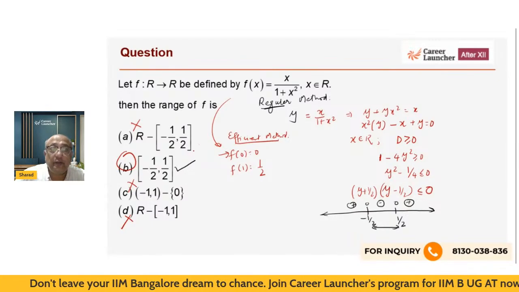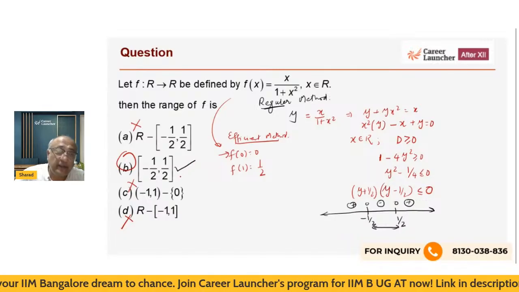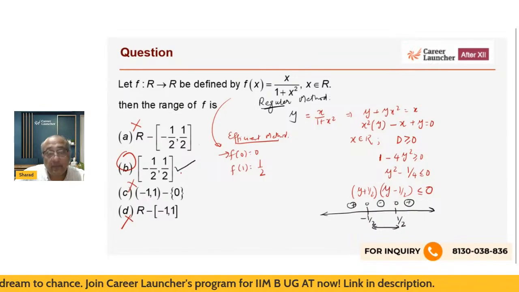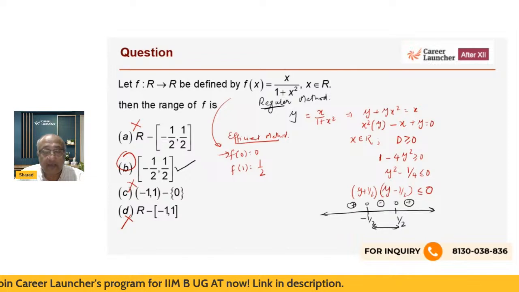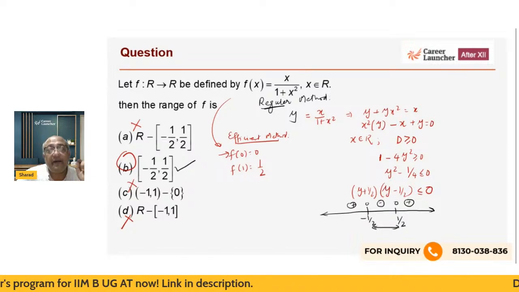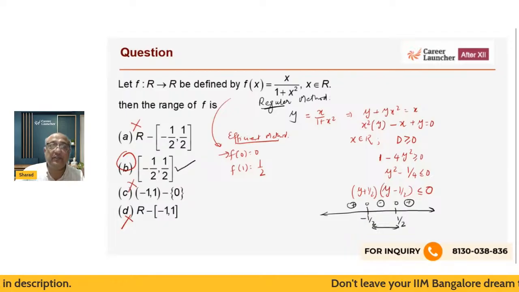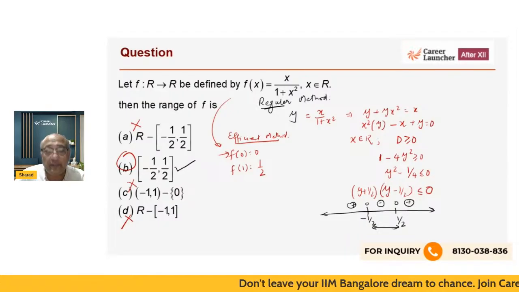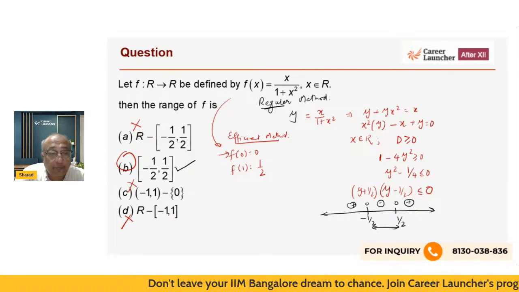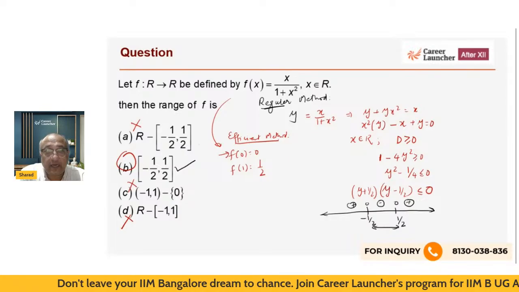Out of 3 options, 0 is excluded. Only in one option 0 is there. So that is my answer. That is how I have creatively used options and the definition of function to answer without doing the regular computation. Is it clear now?